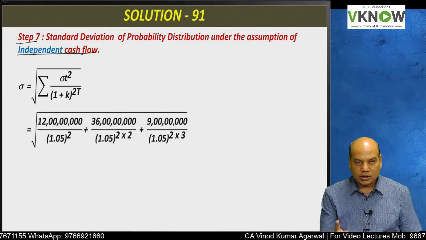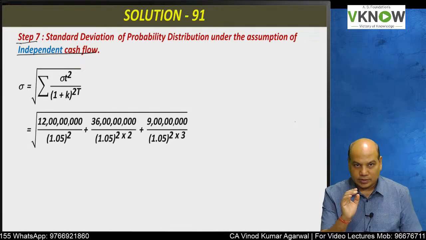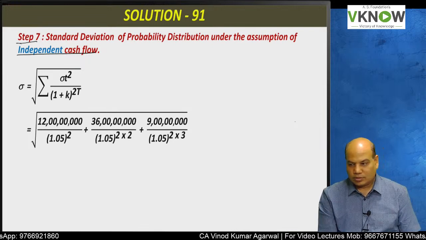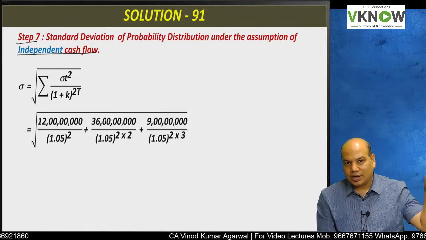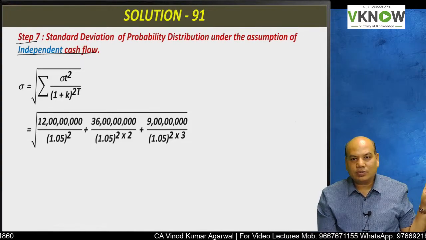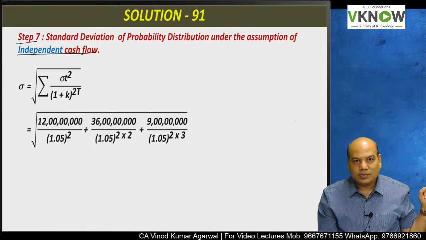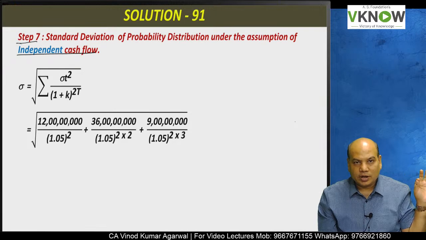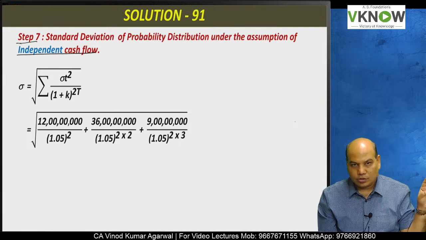We have already done this formula today 2 or 3 times. One more time. Under root. Go to your standard deviation of each year calculation. In the last line you will find sigma 1 square was 12 crore.